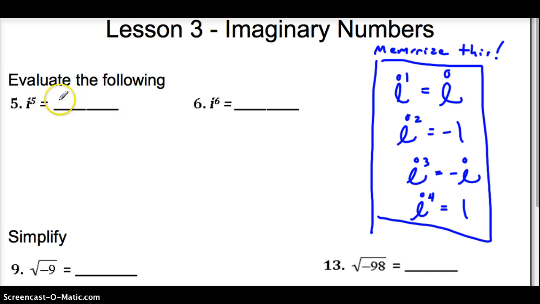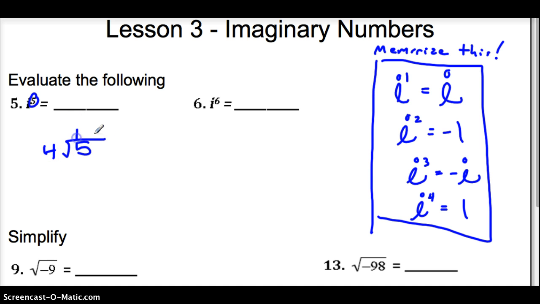Now, what we're going to do is take a look. What is I to the 5th equivalent to? All right. Now, if you remember, this is a repeating pattern. So it just keeps going like this every time. So I, -1, -I, 1, and this is just going to repeat on and on forever. So the way to figure out higher powers of I, this is what you have to do. You take the 5, we divide that by 4, and we just look at the remainder.